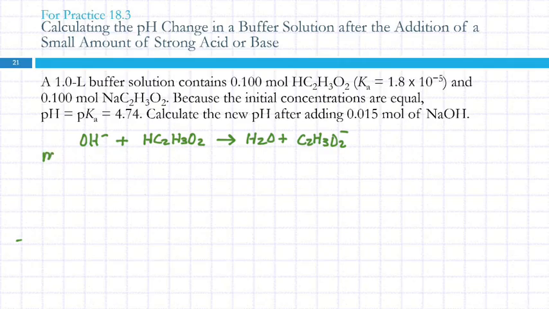So, moles initial, change, moles after. How many moles of hydroxide are we adding? It says 0.015. Here, they told us the volume. They also told us how many moles were in there, so we don't have to do any conversions. There's 0.1 mole of the acid and 0.1 mole of the conjugate base.